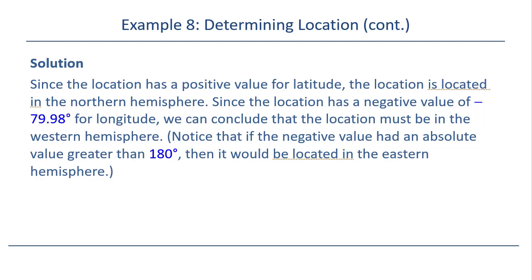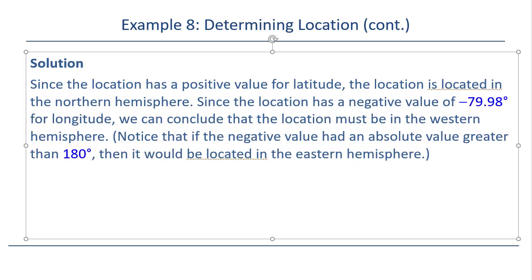And since the location has a negative value, negative 79.98 for longitude, we can conclude that the location must be in the western hemisphere, to the west of the prime meridian. Now, note that if that negative value had an absolute value greater than 180, so basically it was smaller than negative 180 degrees, that means you've gone halfway around at negative 180, and you're right back at the prime meridian.